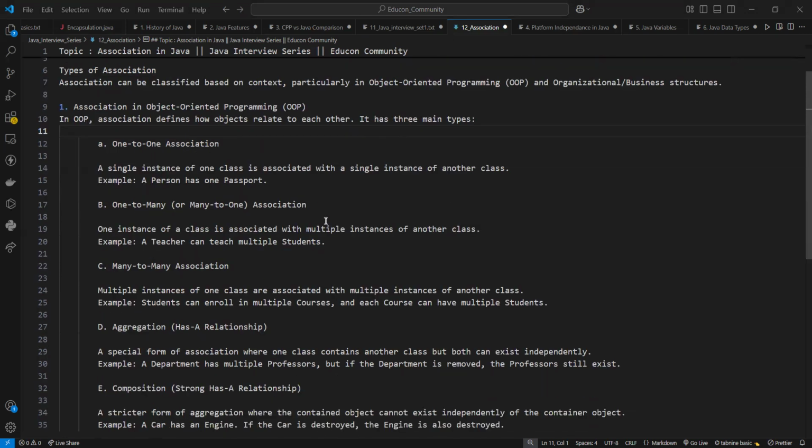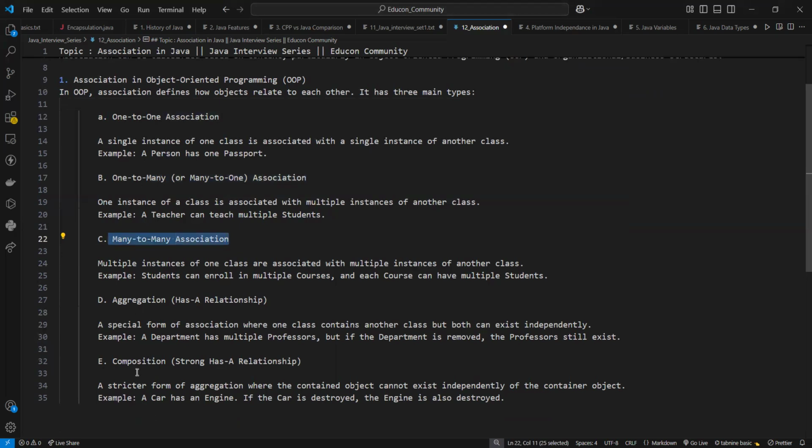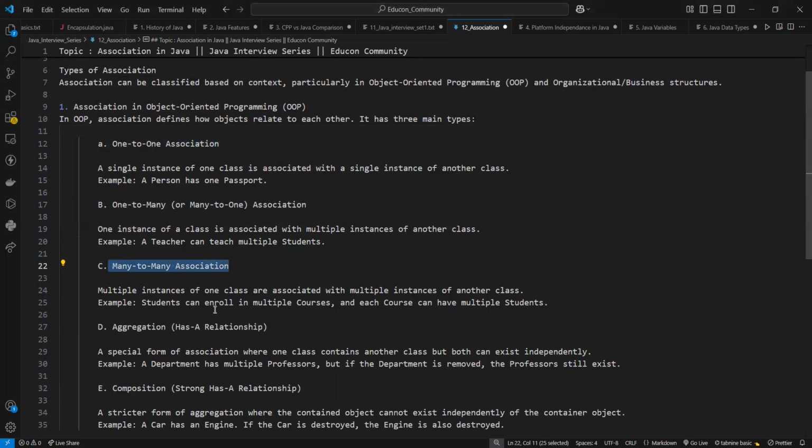There are several types of association. First is one to one association. Next is one to many or many to one association. Then many to many association. Then aggregation and composition. Got it?